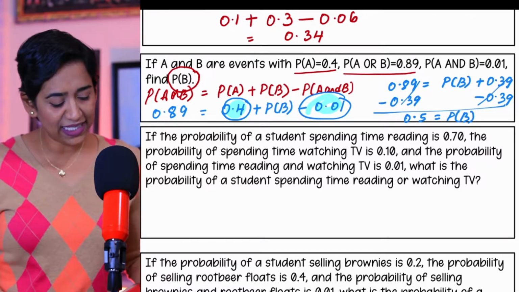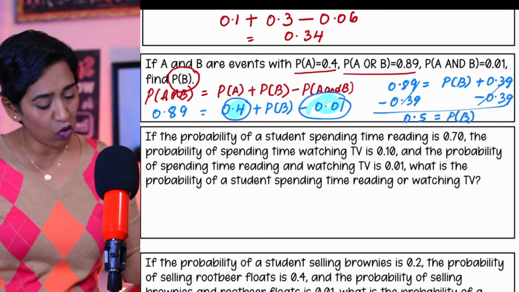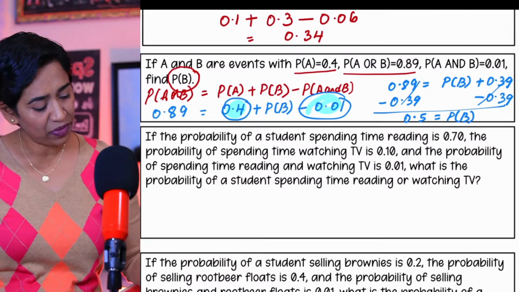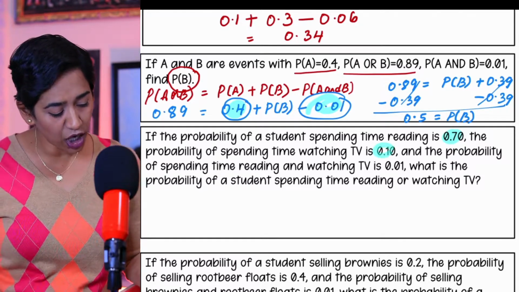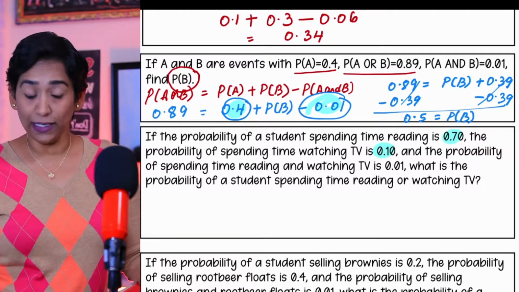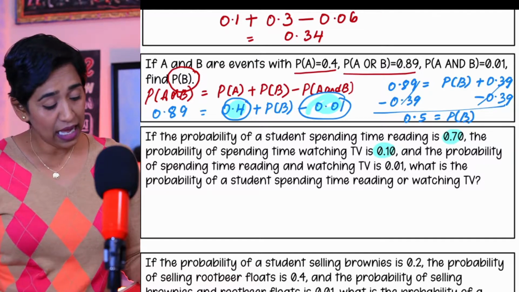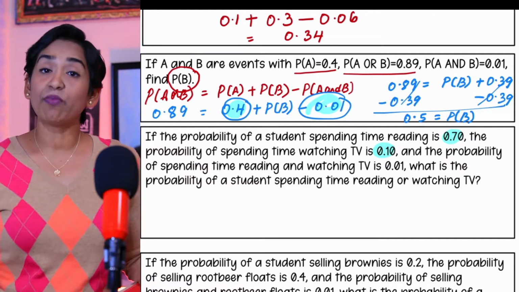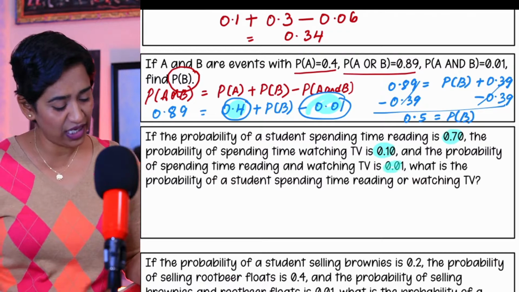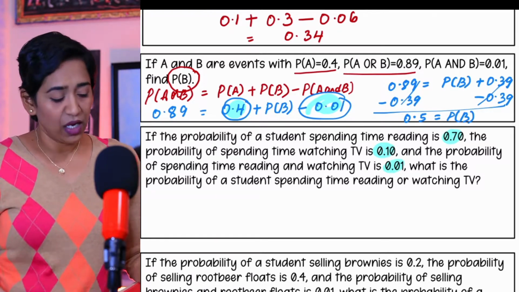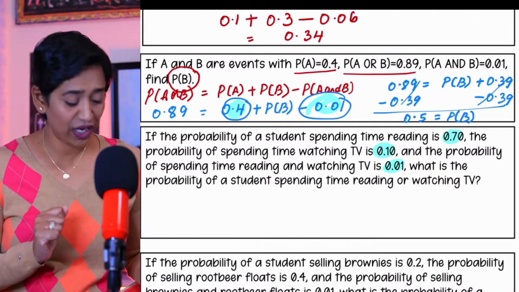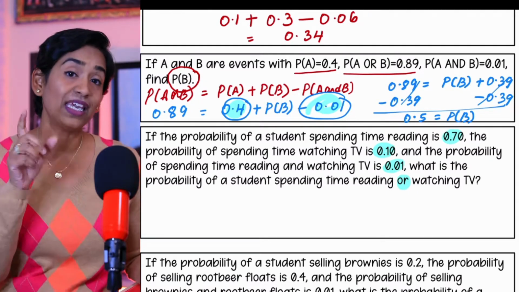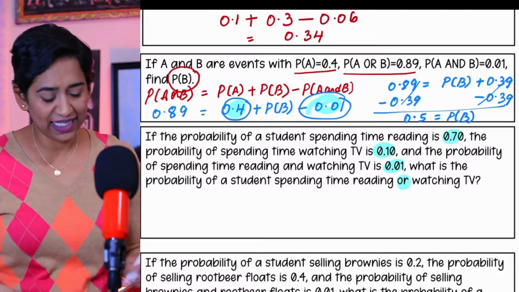If the probability of a student spending time on reading is 0.7 and the probability of spending time watching TV is 0.1, I highly doubt that, and the probability of spending time reading and watching TV is 0.01, what is the probability of the student spending time reading or, the keyword is or, watching TV?